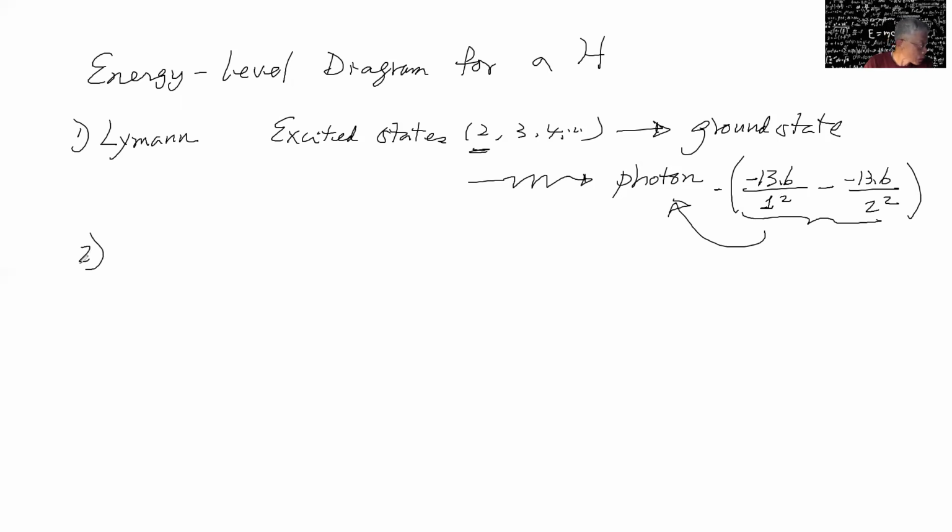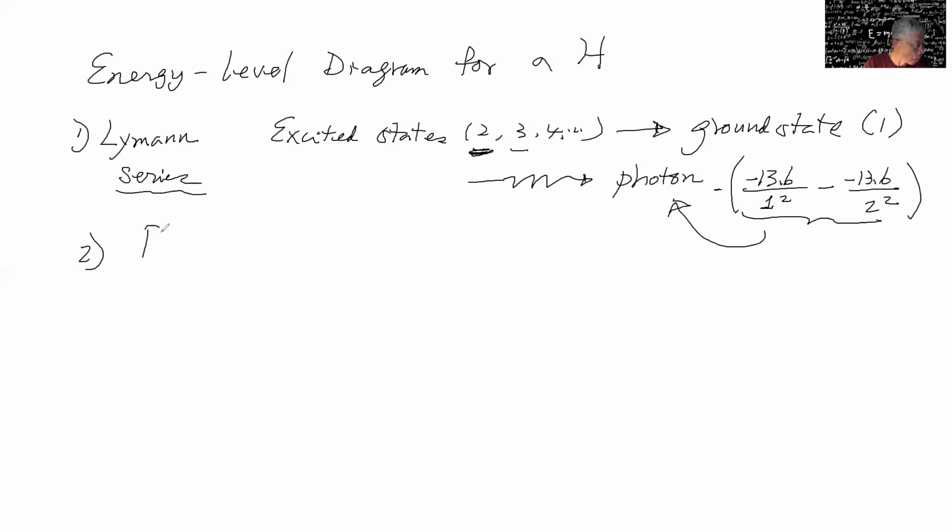The second one is called the Balmer series. This is the name for the series, because you can jump from 2 to 1, from 3 to 1, from 4 to 1, so it's a series.